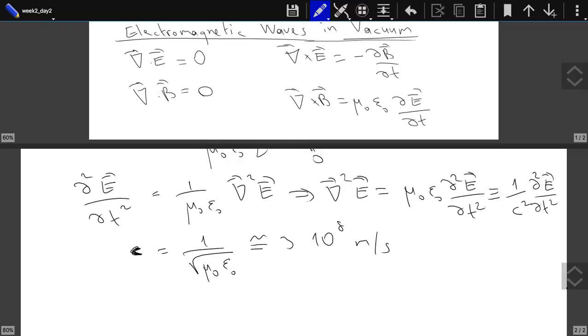Another problem with this wave is that all the wave phenomena we know, like the wave on a string, are fluctuations of a medium. Here is the string that is vibrating. In sound waves, it's the atmosphere that is vibrating. In ocean waves, it's the water that is vibrating. So here we have a wave. So what is vibrating?